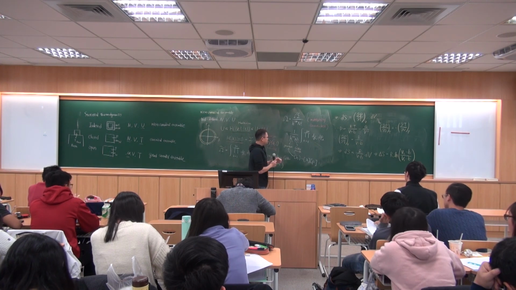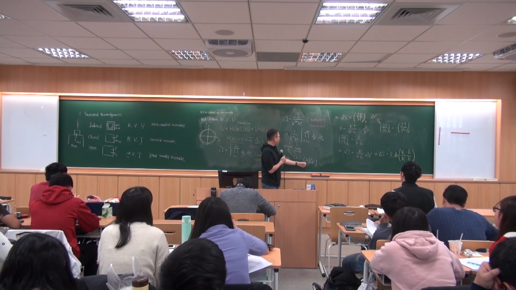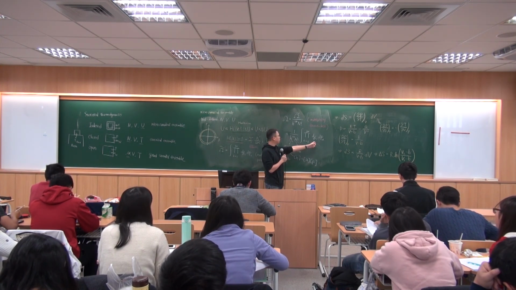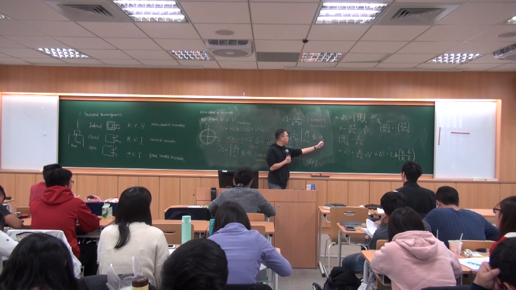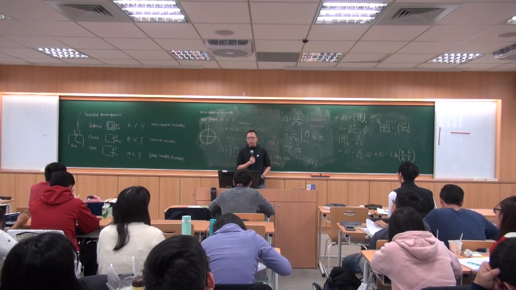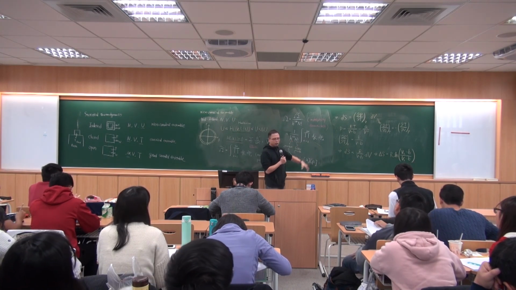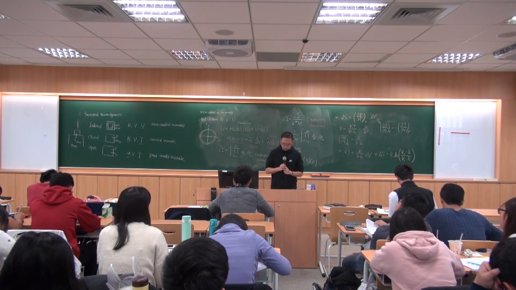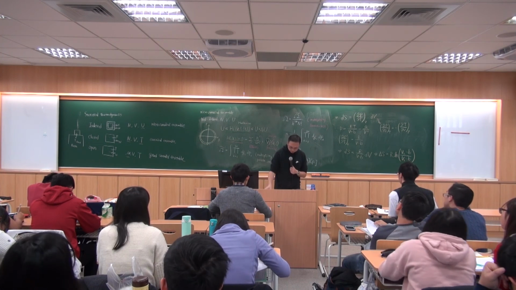Okay, so the dimension for the Planck constant will be canceled out with the dimension for this integration over dqi and dpi.